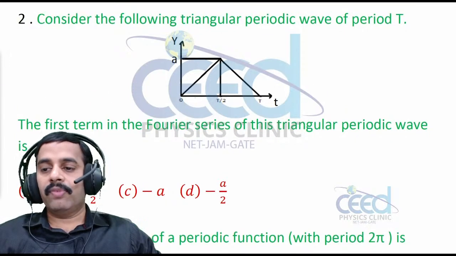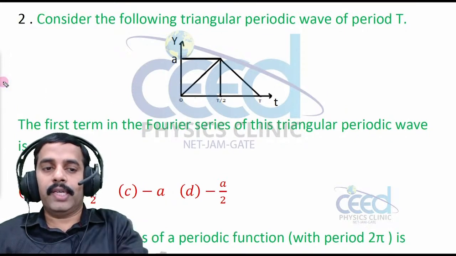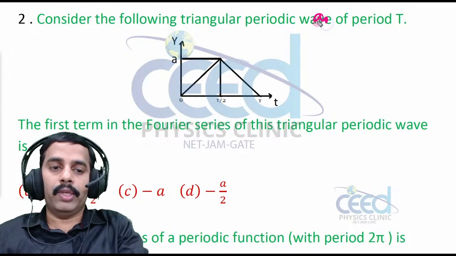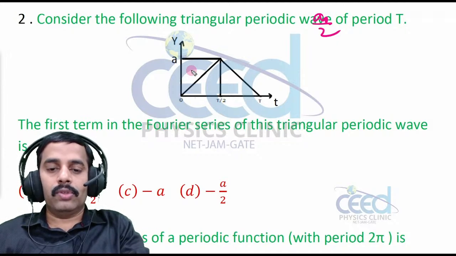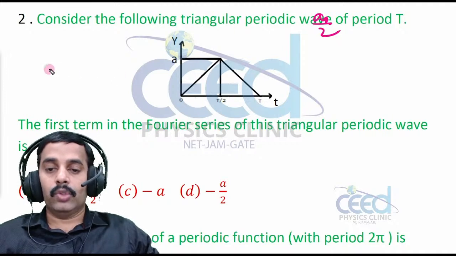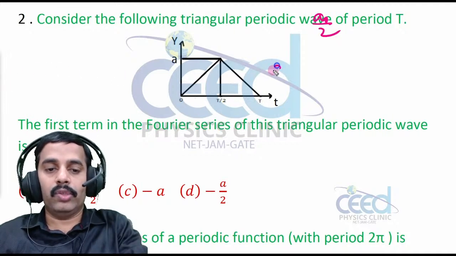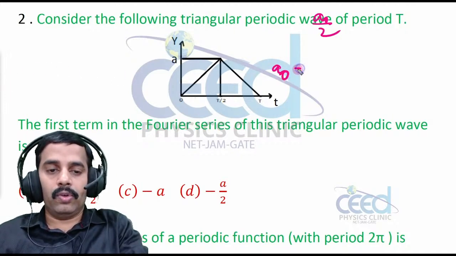So we need to find the first term. Again, the first term is a0 by 2. So we have to solve it from this graph. How can we represent it periodically using Fourier series expansion, and how can you find a0?